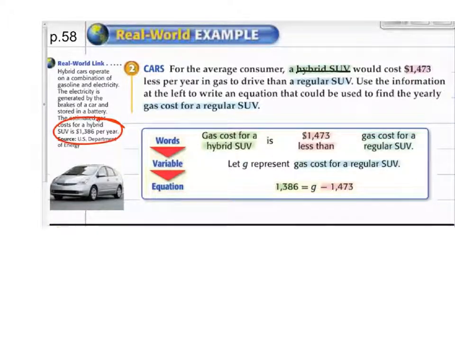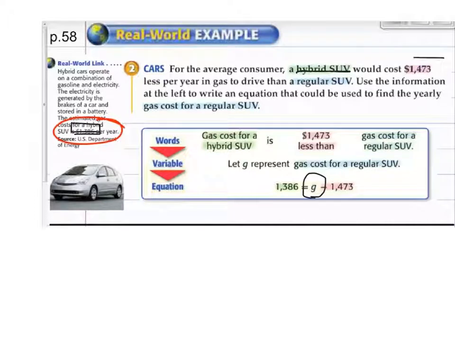And we're going to fill in our words here. We have the gas cost of a hybrid SUV, which we know from the problem is $1,386. So we have 1,386 equals G minus 1,473, because the gas cost for a regular SUV is our unknown, which we don't know.